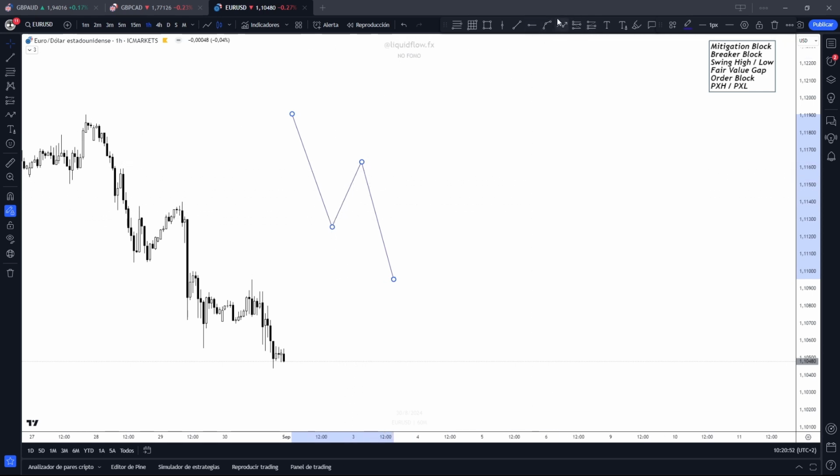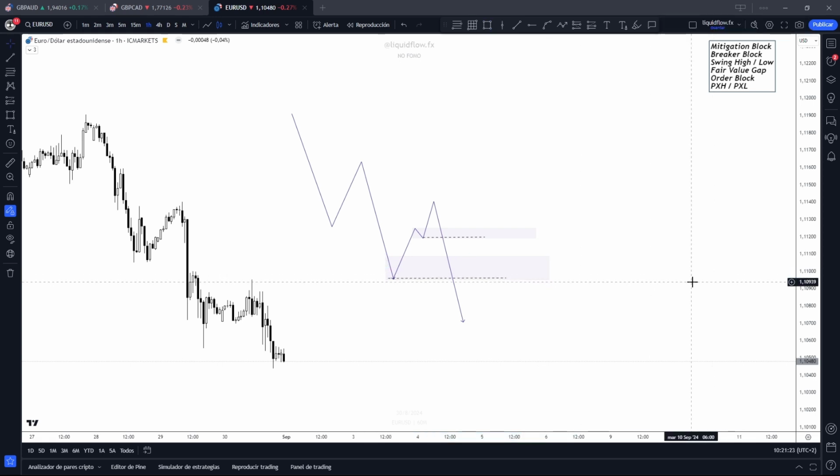But if we have some sort of movement like this one, then what do we have here? We have first our mitigation block, and then we have another block, a breaker block, sorry. This will be the breaker block here and this mitigation block here.